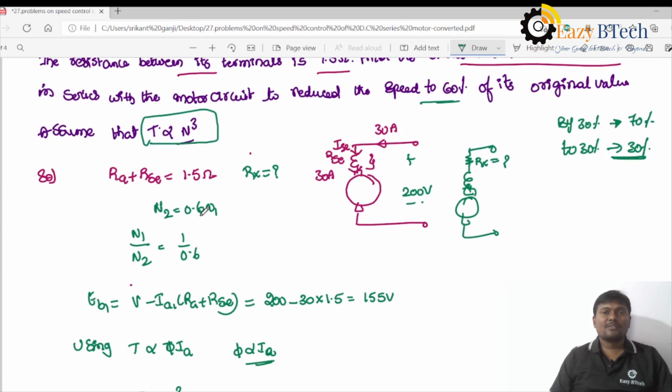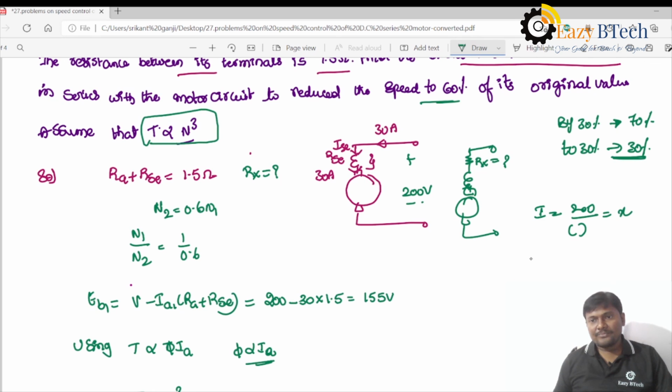But in this problem you can observe the 30 amperes current is flowing under normal operating condition. We are connecting an external resistance in series with this motor combination. With a simple concept, if 200 volts is applied, 200 divided by something, you will get some current.